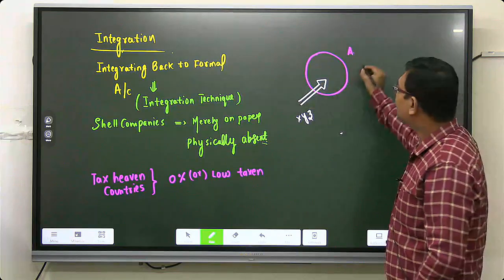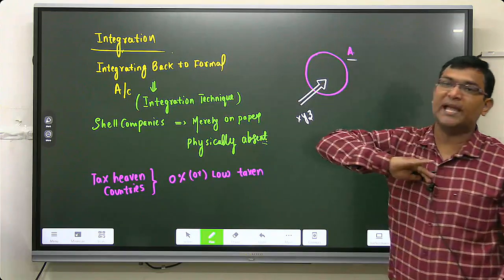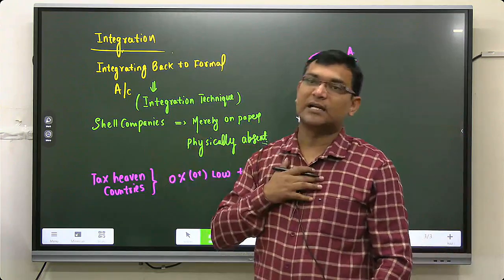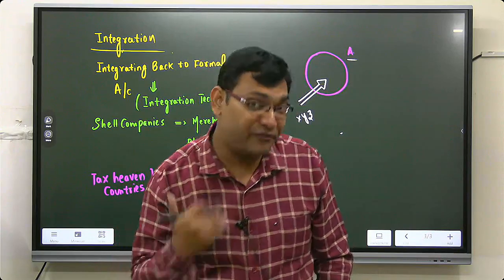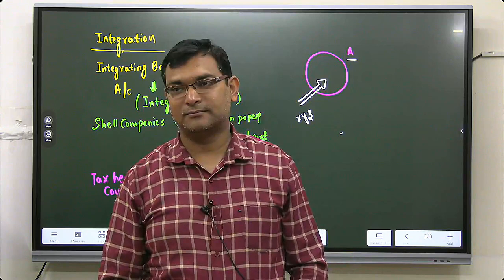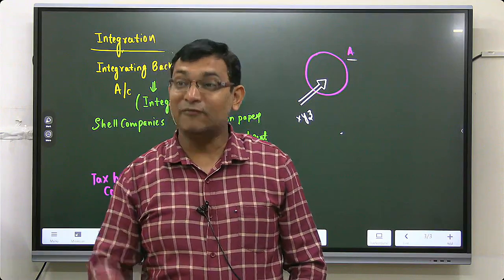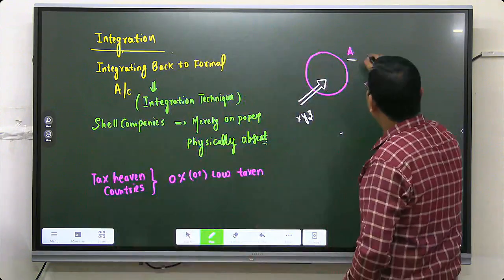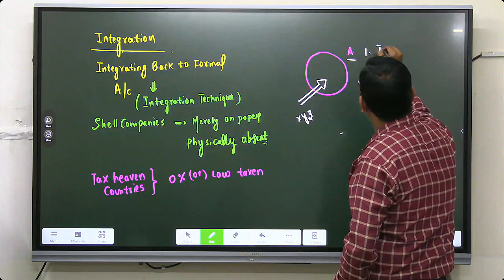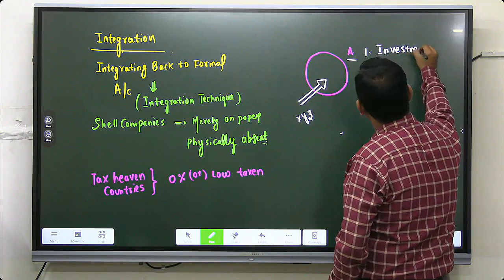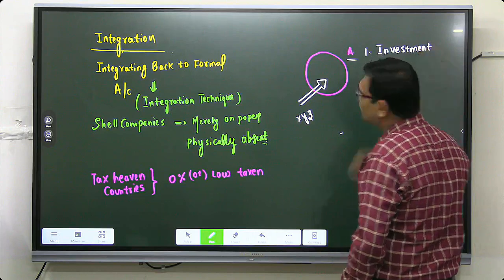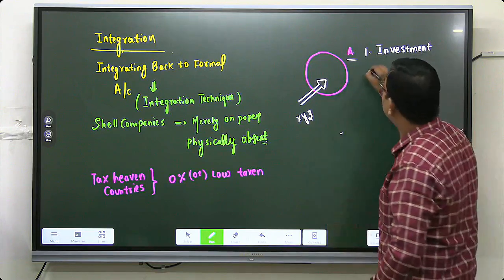Now this country is saying, sir, no need to pay any kind of tax to our country. You can come to our country. Then what is the benefit that country will get? Number one, investment. Then employment generation.